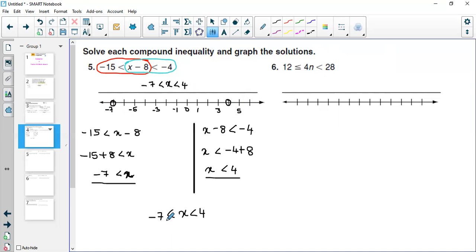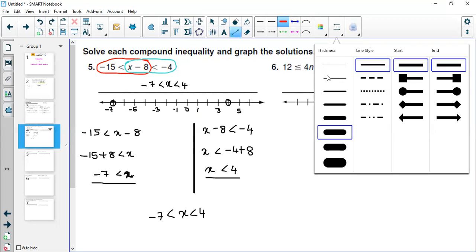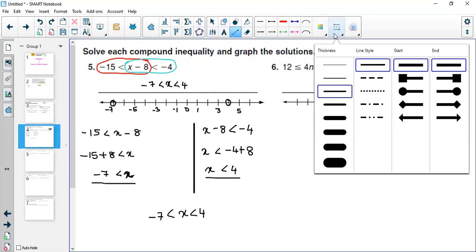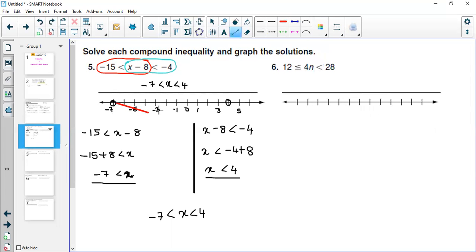Now, am I going to shade the circles? Definitely not, because it says it's only lesser than. So all you have to do is simply join the circles.